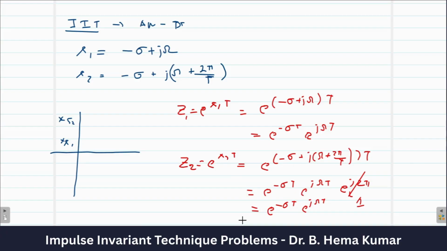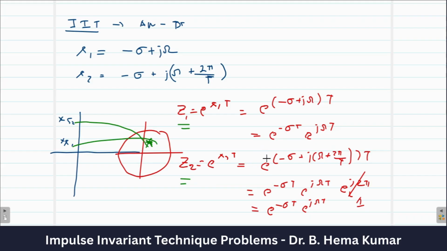So what it means, see, for S1, S2, two different poles which are shifted by 2 pi by T, Z1 and Z2 are the same. Which means that these two poles in your S domain will map onto a single point in your Z domain, because for both these values Z1 and Z2 are equal.